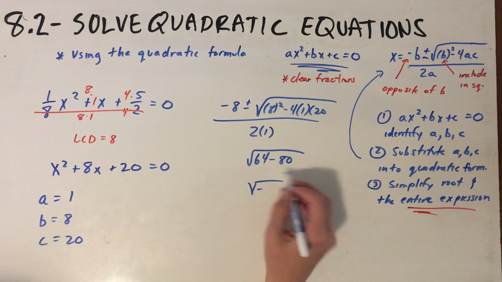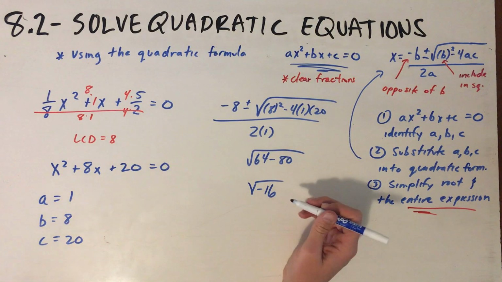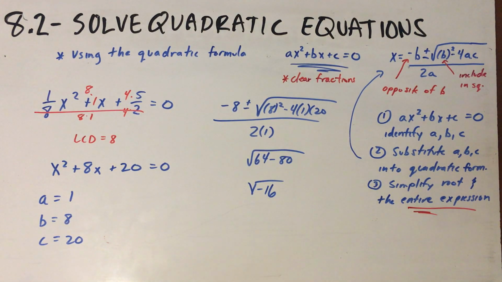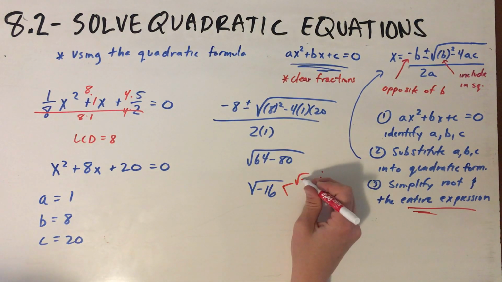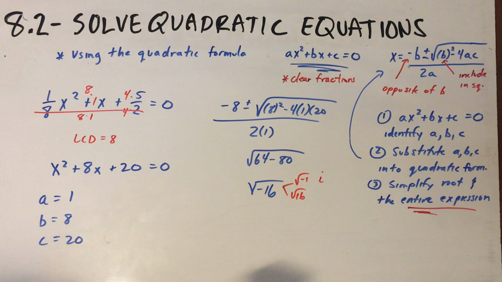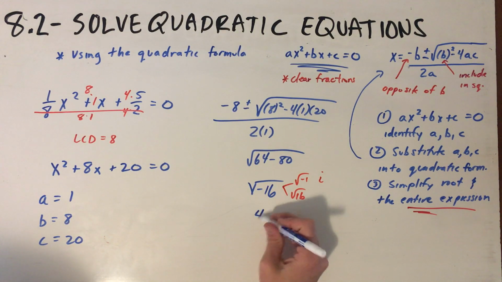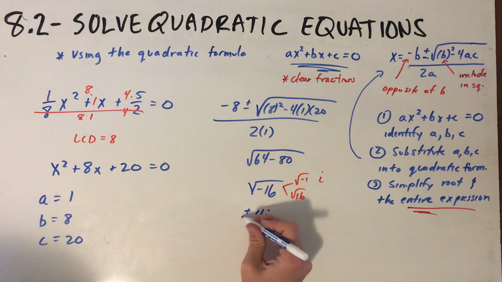So when this is negative under the radical, then you're going to get solutions that have i in them, right? Because this is going to factor to the square root of negative 1 and the square root of 16. So to simplify this, then we will just have 4i. And again, this is going to be plus or minus that.